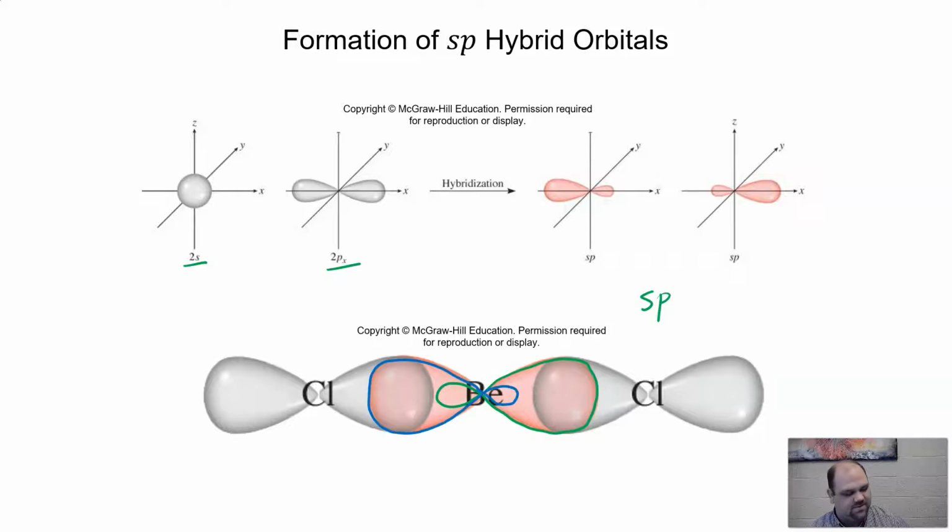All right, looks something like that. Overlapping with the atomic orbitals in chlorine. For all molecules that have sp hybridization on their central atom, we end up with a linear molecular geometry. Just like with sp3, we ended up with tetrahedral. With sp, we end up with linear.